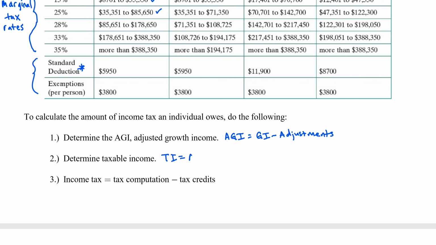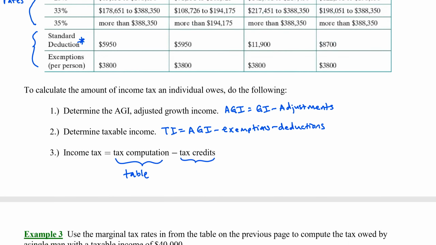Remember, the taxable income is the adjusted gross income minus exemptions and deductions. Once that is done, the income tax is going to be the tax computation that we get from the table minus possible tax credits, which again reduces the amount of income tax that you pay. And those tax credits are set by the government.